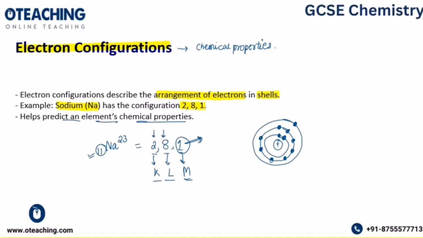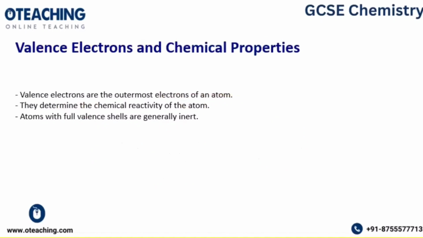Next we have valence electrons and chemical properties. What are valence electrons? Valence electrons are the outermost electrons of an atom.